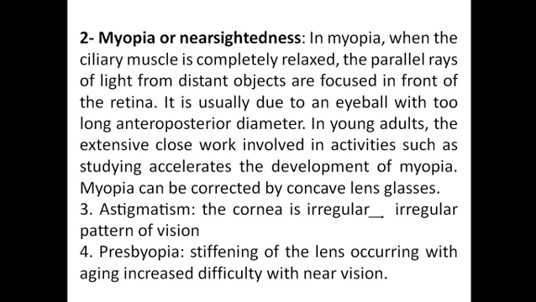The second type is myopia or nearsightedness. In myopia, the ciliary muscle is completely relaxed. Parallel rays of light from a distant object are focused in front of the retina.